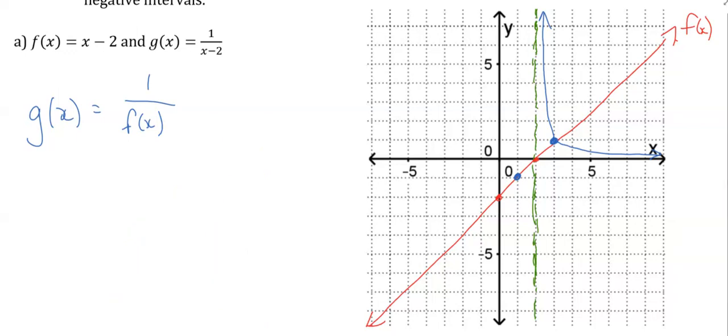So you have to get familiar with what these graphs look like so that you don't do anything weird. And then what happens here? As f gets really, really small, closer to 0 and negative, what will its reciprocal do? Get really, really big and negative. And then as f gets really, really big and is still negative, what will its reciprocal do? It'll be smaller and negative.